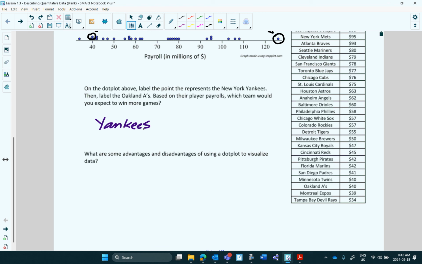Advantages and disadvantages of the dot plot. Well, the main advantage is that you can see individual data values. That being said, the main disadvantage would be that it's quite overwhelming if you have really large data sets.